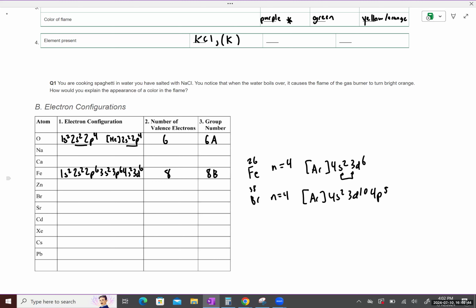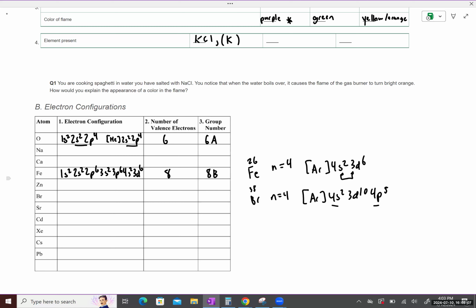If we're counting the valence electrons for an element such as bromine, where we've completely filled the 3d shell, we don't really view these 3d electrons as valence. They're pretty difficult to access, and they aren't relevant in terms of bromine's reactivity.